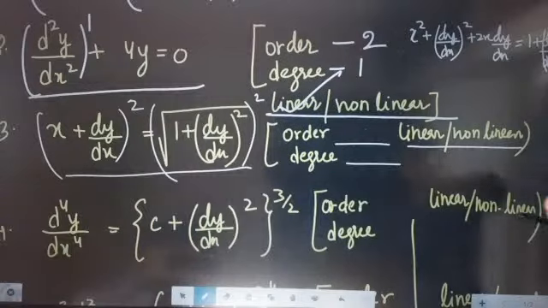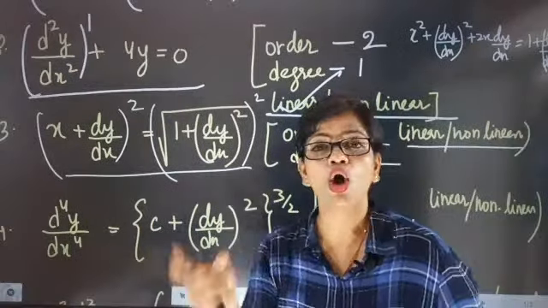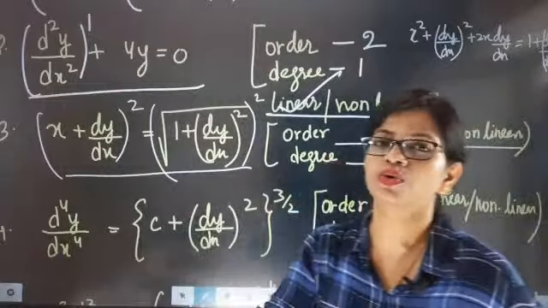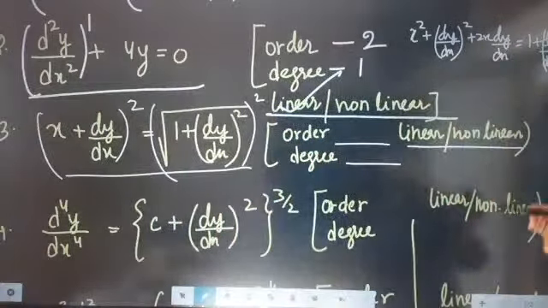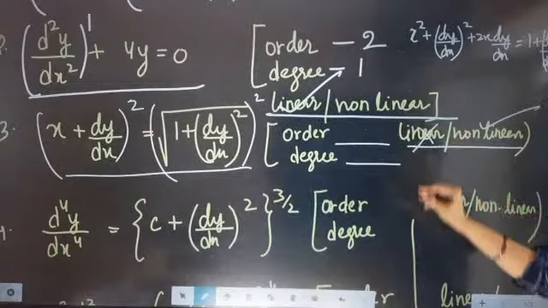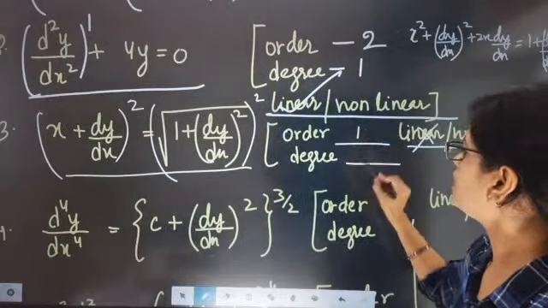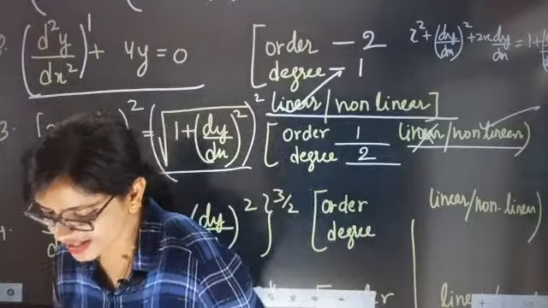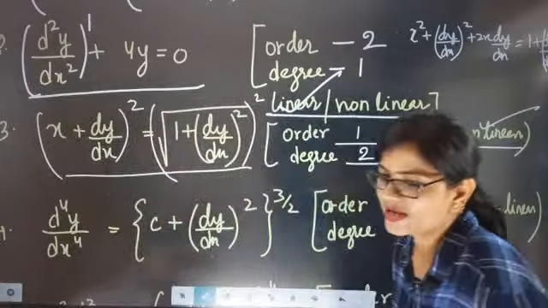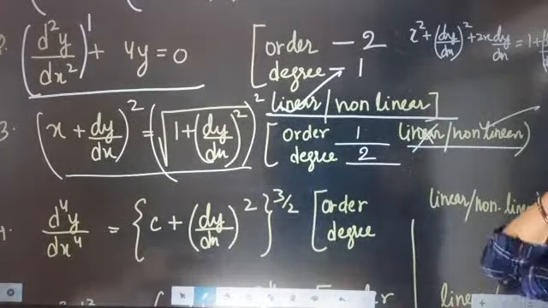So 100% we are seeing here that order is 1, degree is 2. Since degree is more than 1, it is a case of non-linear. I hope you might have understood how to go for the non-linear case.